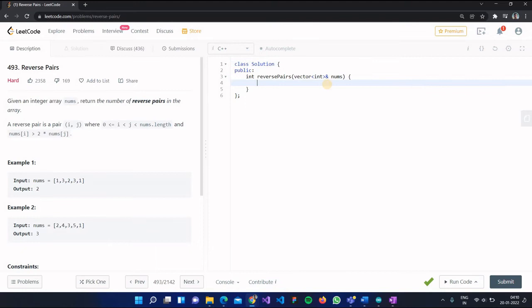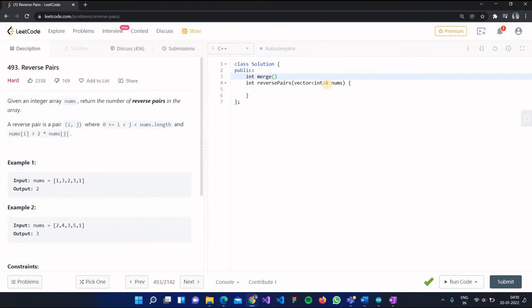So first of all, as I told you, we'll be using merge sort, okay? I'll tell you how exactly you use merge sort. If you've not watched any merge sort video or tutorial, I would very much urge you to go and see that once, because that is an essential sorting method that you should always know.